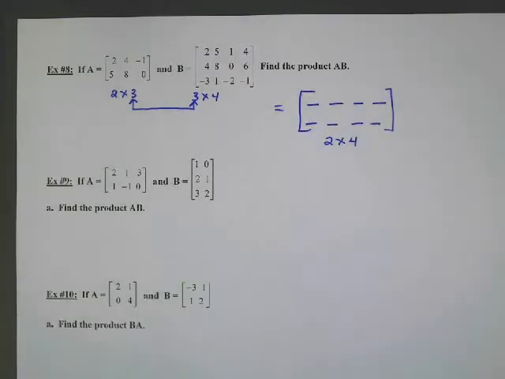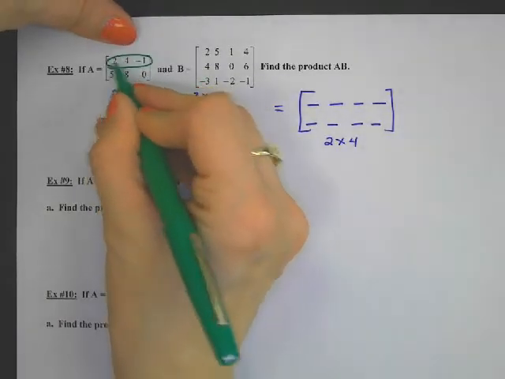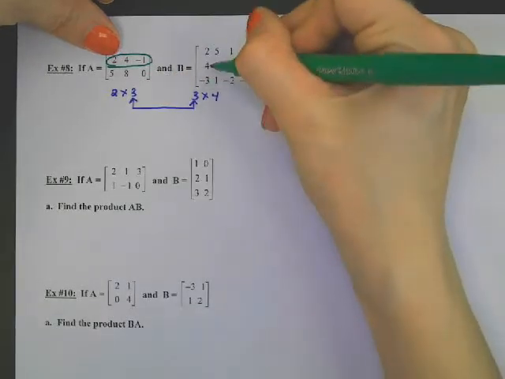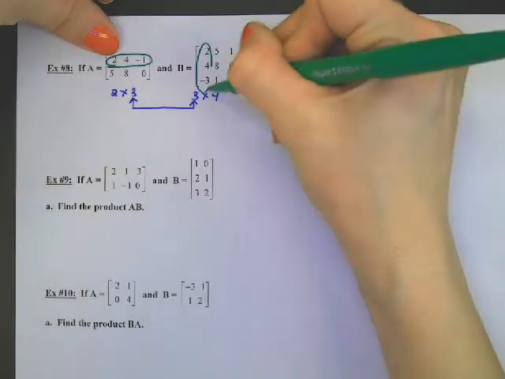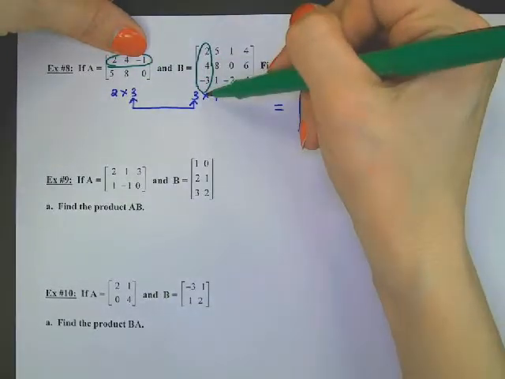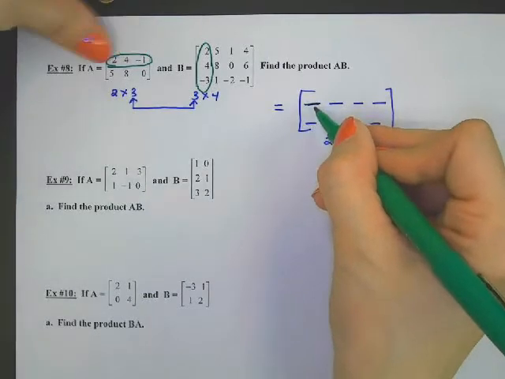Okay, here's what we're going to do. You're going to go across this top row here, and we're also going to be going down this first column. So if you're doing the top with the left, that means you're going for this answer right here in the top left.